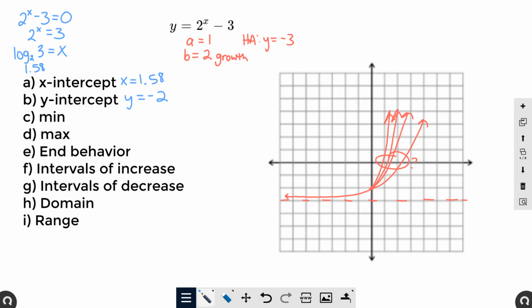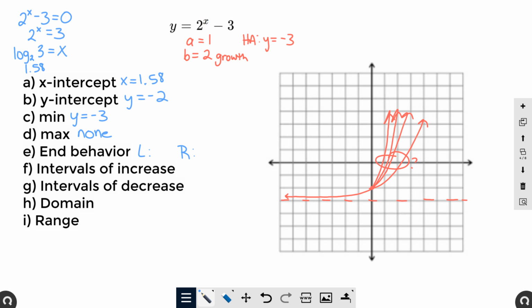Okay, does this graph have a minimum? That's where it levels off. It levels off at y equals -3. Does it have a maximum? No. So say none. Now, end behavior: we look at the left part of the graph and the right side of the graph.